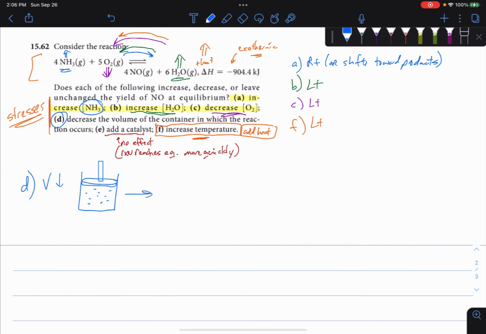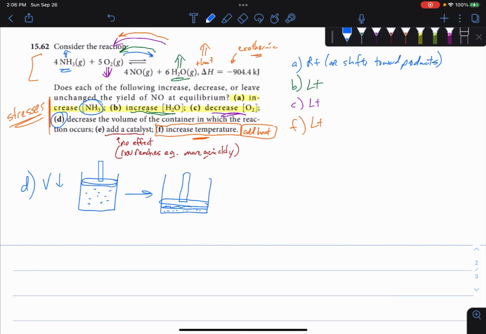It's not drawn to size because I'm not a very good drawer. I decrease the space that the gas particles can float around in.